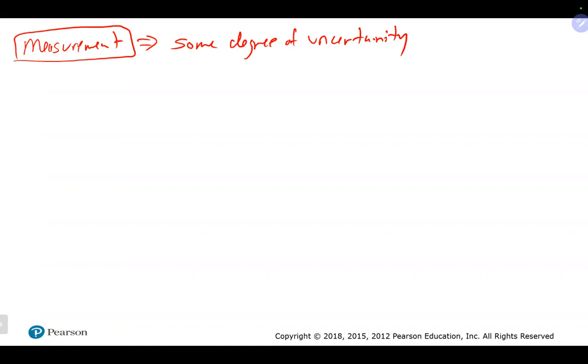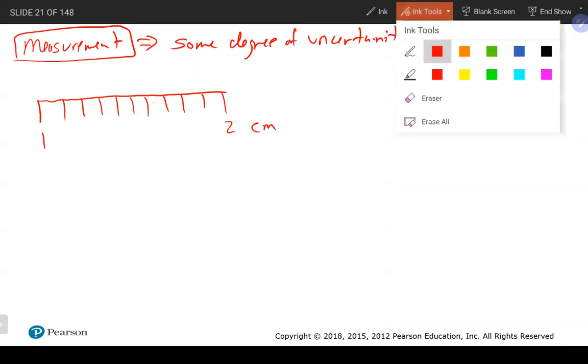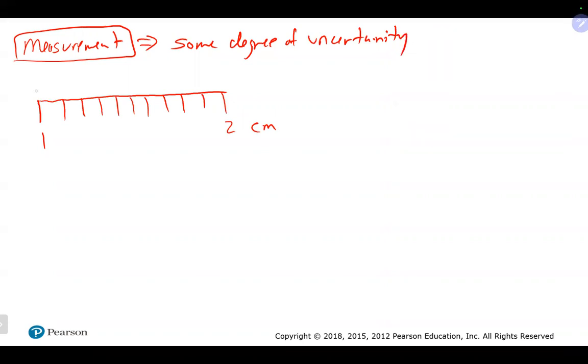So for example, if we take something like this, and we want to take a reading, we'll go to about here.